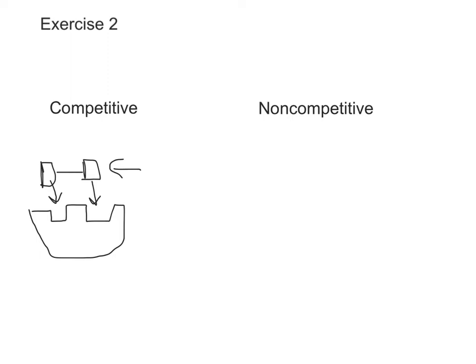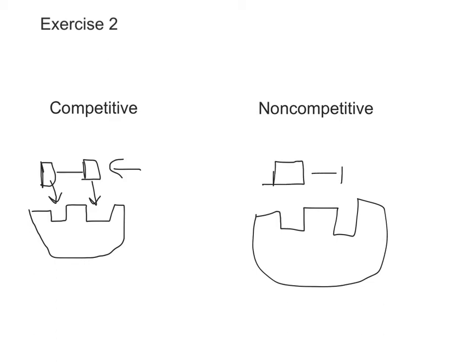Non-competitive inhibitors. All right, so the difference between competitive and non-competitive. Let's draw our enzyme again. Again, remember this is our lock. We have our key. Now, a non-competitive inhibitor is not competing for the active site. So it's not going up here, but instead it's going to go here.